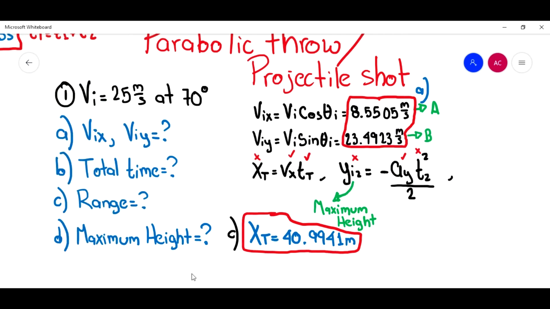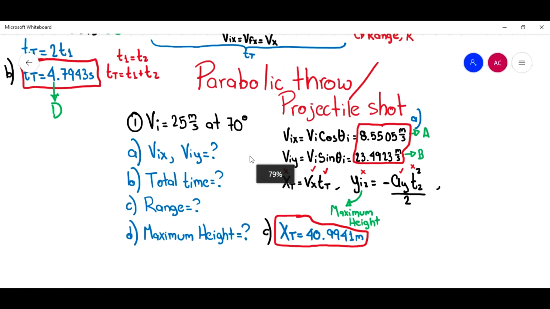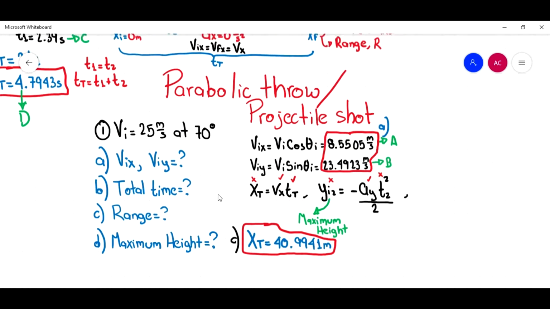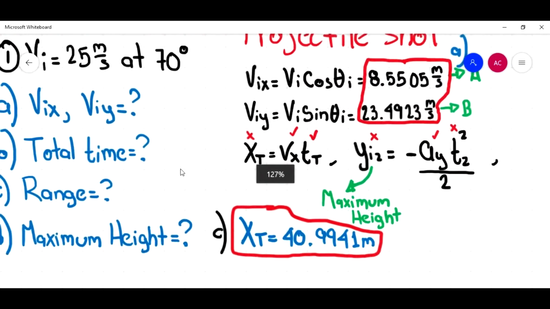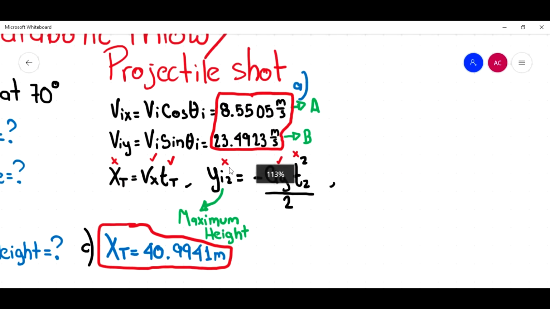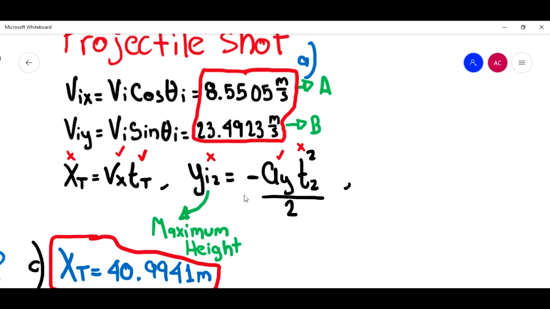I'm not going to save this value because I'm pretty sure I'm not going to need it anymore in order to find another answer. So I got letter A, letter B, letter C. Now I need to find the maximum height. In order to find the maximum height, I can use this equation over here. Now I got time 2.